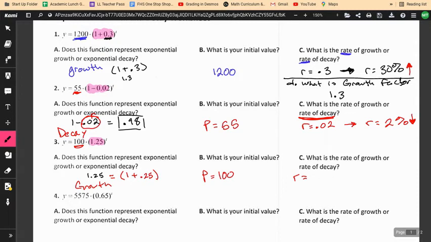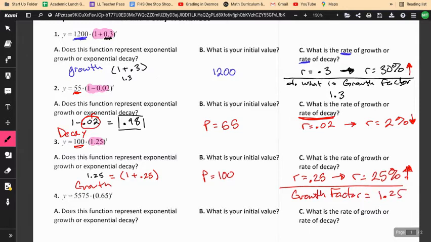Now I'm using that formula I had from the other screen, 1 plus R. So the R is just this decimal, 0.25. As a percentage, it's 25%. And we could say it's an increase because it's a growth. And then the growth factor is equal to 1.25. It's the entire thing.